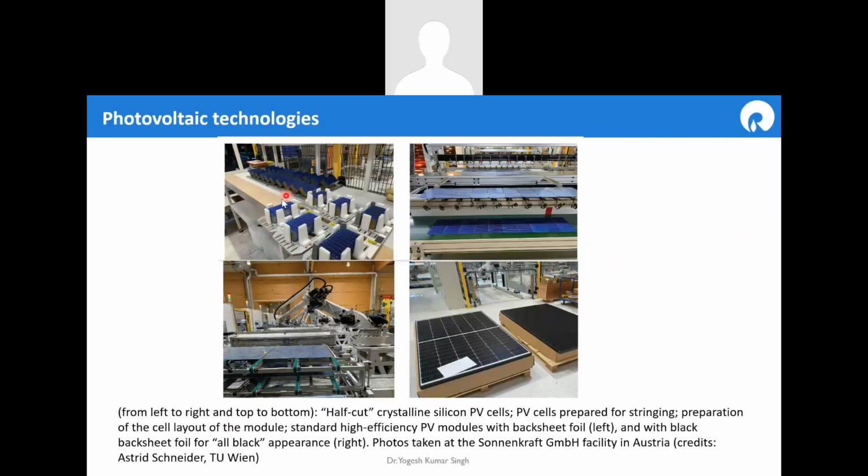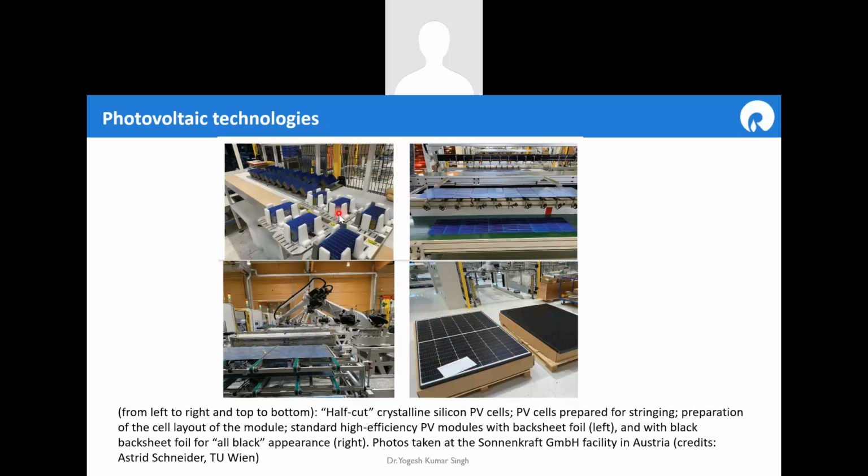So how the technologies look like. So this is a batch of solar cells. You can see all the solar cells are here. After the solar cell, we are making the string. So all these strings we are making from here. And after the string, we are making the module. So the modules are coming this way. And finally, the module is manufactured. So it will look like this particular structure.